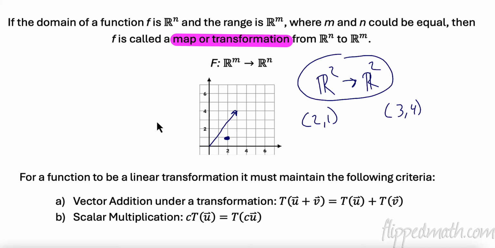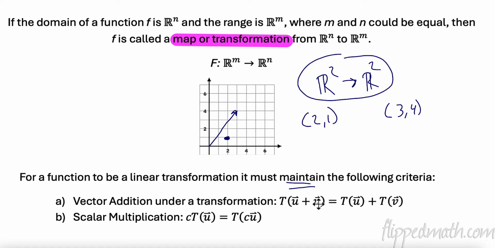Now there's a couple of conditions for this to be true. For a function to be a linear transformation, it has to maintain the following criteria. Number 1, vector addition under the transformation has to remain. So when I add the 2 vectors together and then transform it, it has to equal the transformation of one vector plus the transformation of the other vector. All right, so again, I add the vectors together, then I transform it.